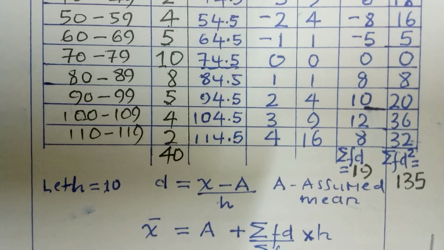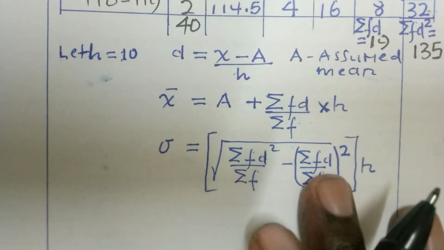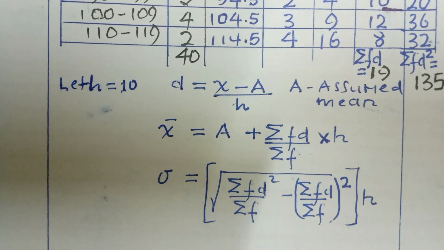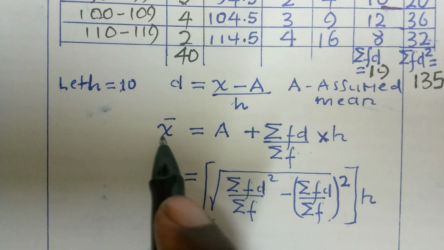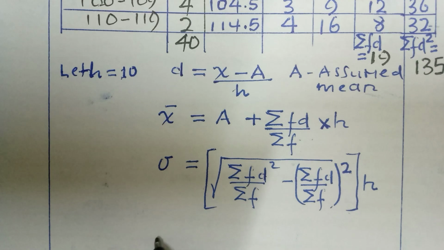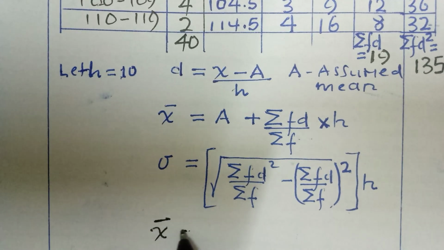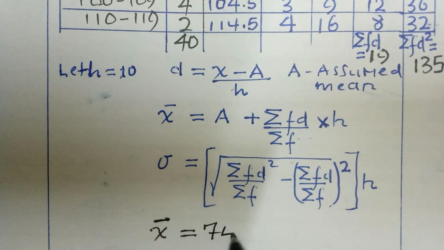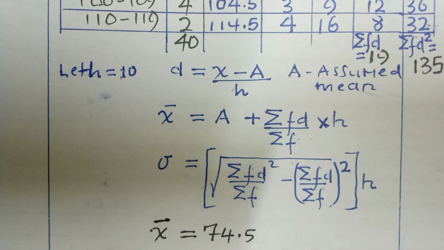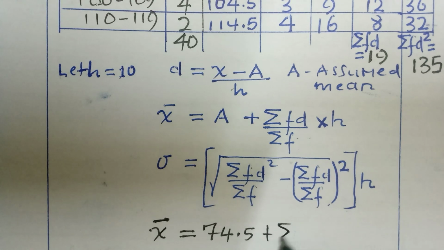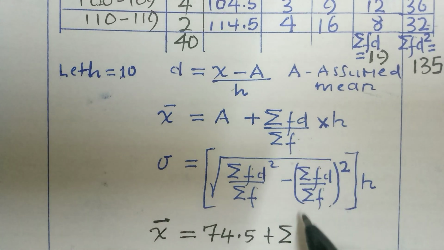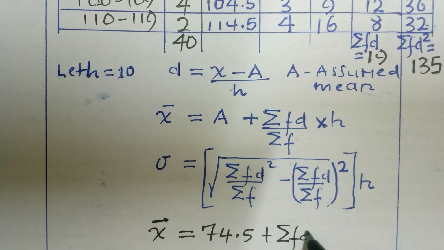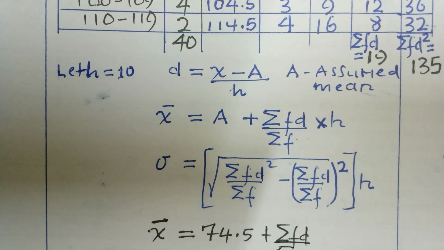So guys, now we come and do the question. We come and find what is now the mean. So the mean will be given by assumed mean. We have said assumed mean is 74.5 plus summation of fd. Let me first of all just write it. We shall write it again, guys.